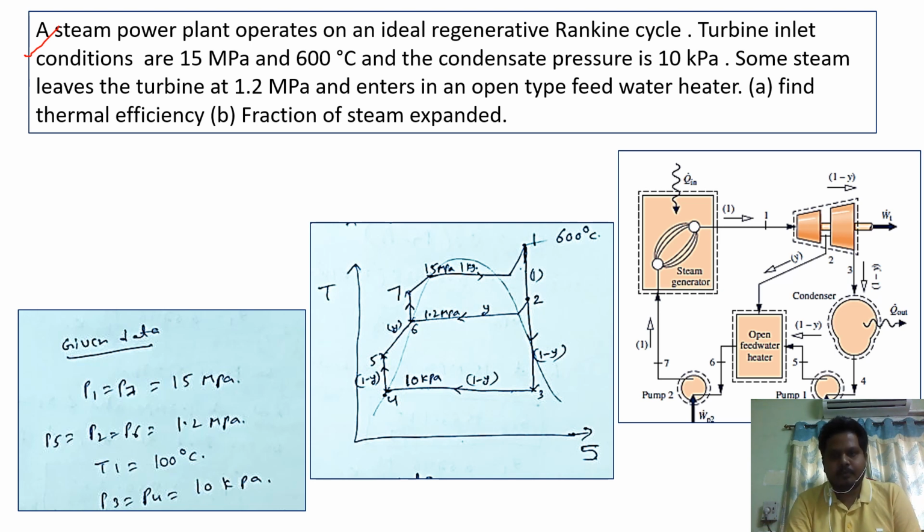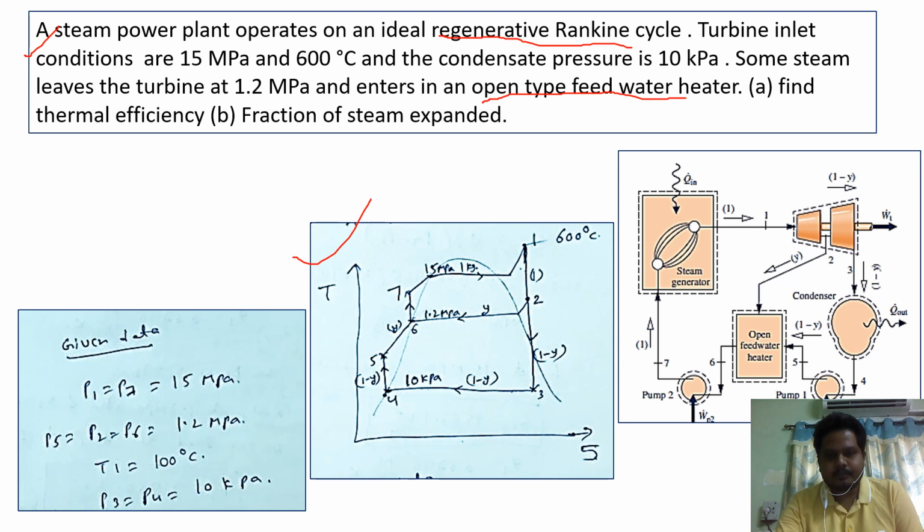In this problem, they clearly mention that it is a regenerative Rankine cycle with an open type feed water heater. So it is an open type feed water heater regenerative Rankine cycle. Now let us see the TS diagram for it.